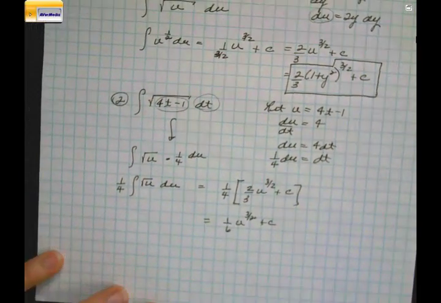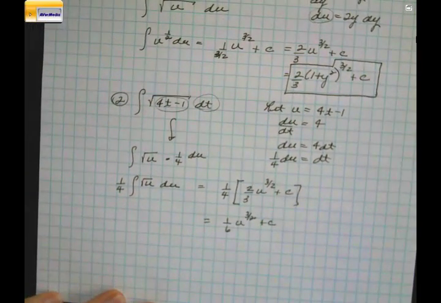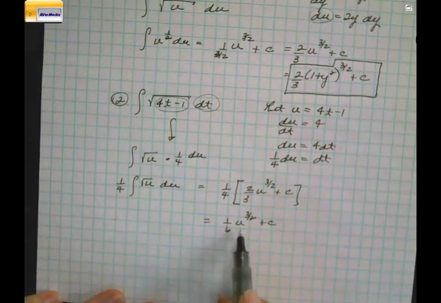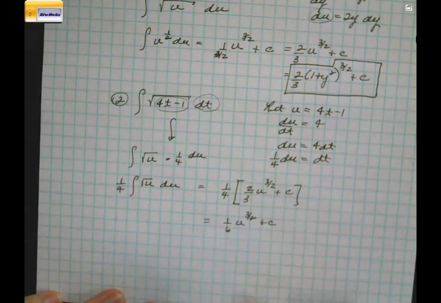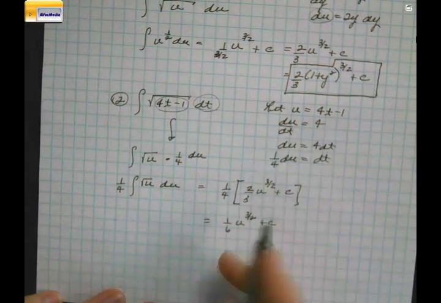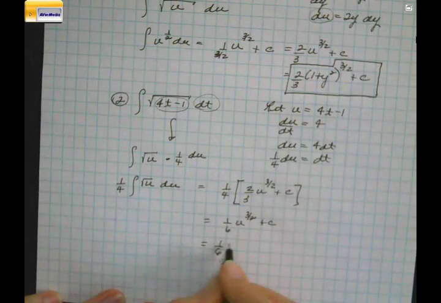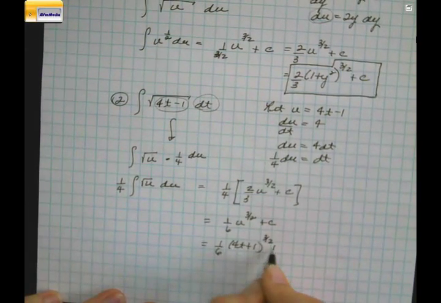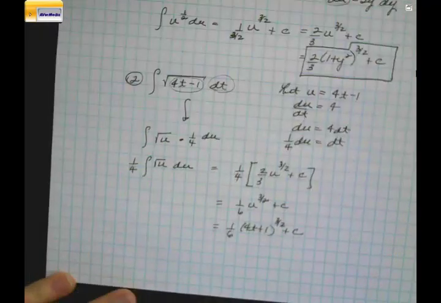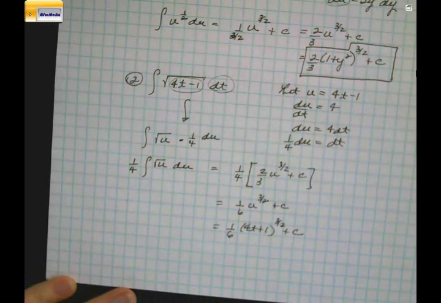And then you have to remember, the question was given in the variable t. I must return to the variable t. 1/4 times c is still just an arbitrary constant. So then 4t minus 1 comes back in here, replacing the u variable that we threw into the picture using the method of substitution to come up with the value of the integral.